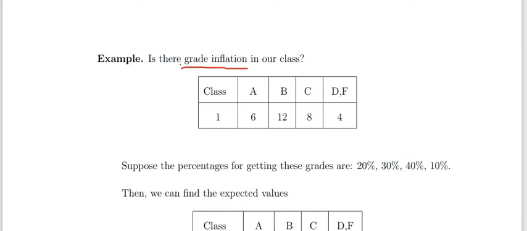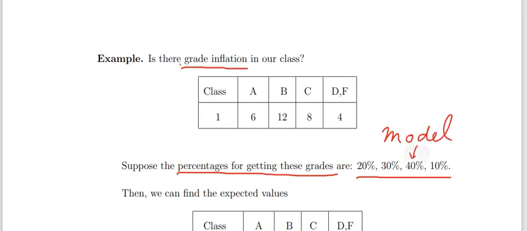If there is no grade inflation, it means our class grade distribution and other classes' grade distribution are quite the same. For other classes, we have the percentages for getting those grades: 20% got A, 30% got B, 40% got C, and 10% got D or F. So this is our assumption, our model.